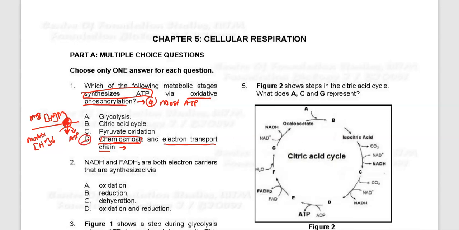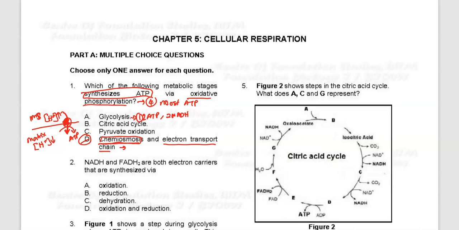Right? So for glycolysis, it is the first stage of cellular respiration that occurs in the cytoplasm, which produces a net of 2 ATP molecules and also 2 NADH molecules.